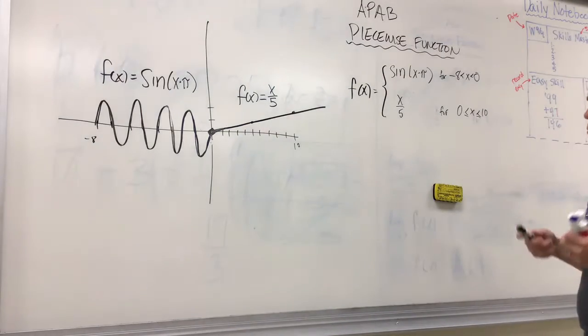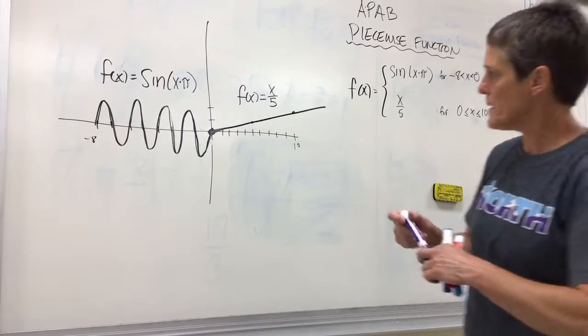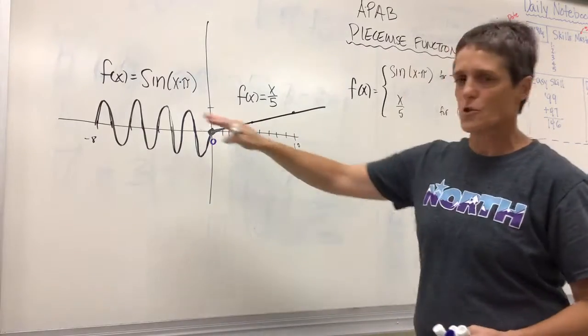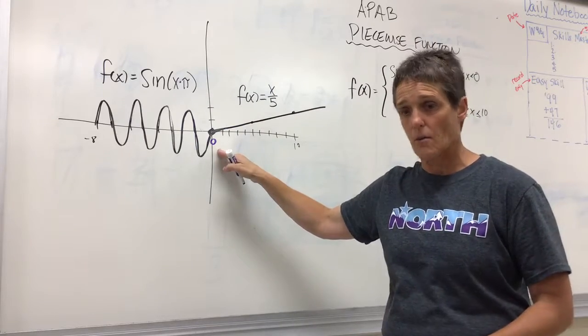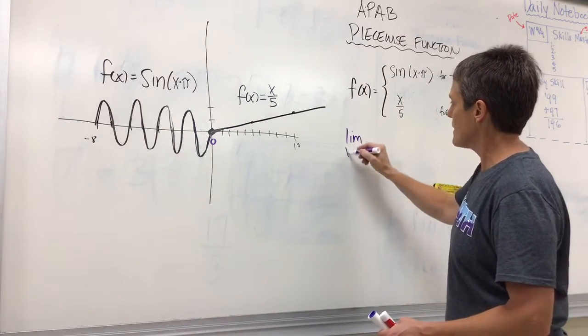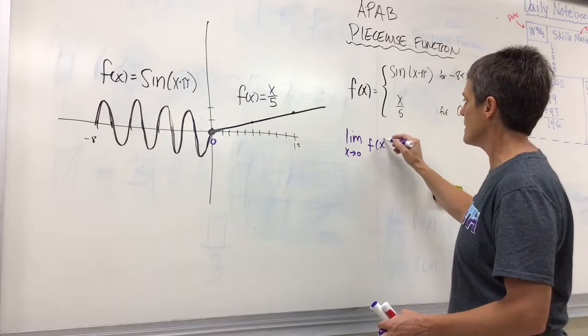So the really common question is to ask for the limit at this location here, where the two functions switch over. So for us, that's 0. So the really common question is, what is the limit as x approaches 0 of f of x?